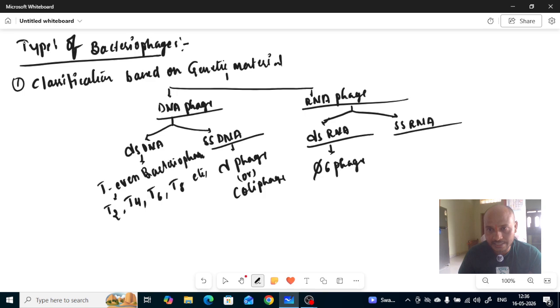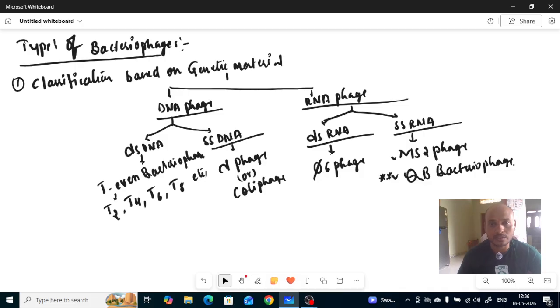Coming to single stranded RNA phages, there are MS2 phage and a very important bacteriophage, Q beta bacteriophage. Q beta bacteriophage and MS2 phage both contain single stranded RNA as genetic material, but phi 6 phage contains only double stranded RNA.